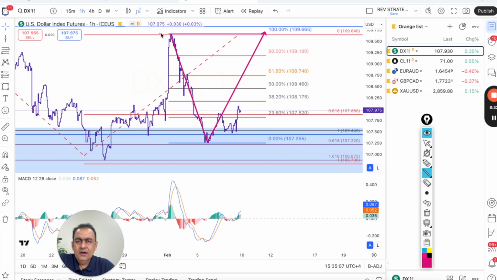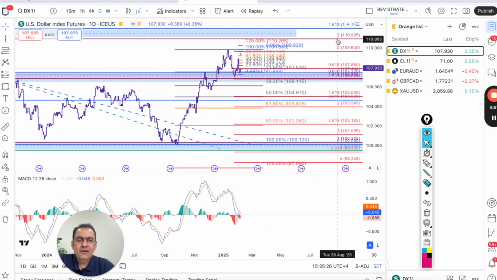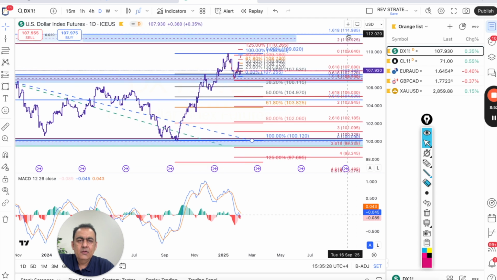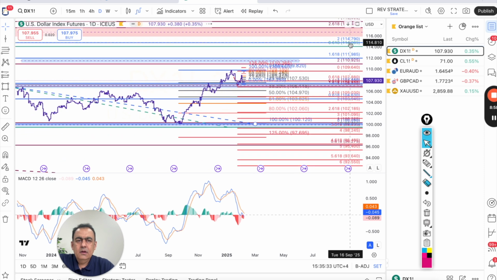So if we see a solid price action and buyers taking the dollar higher than 109.64, then it will continue and it will reach the next target, which is 110.92, followed by 111.98, and ultimately I'm looking around 114 to 115.